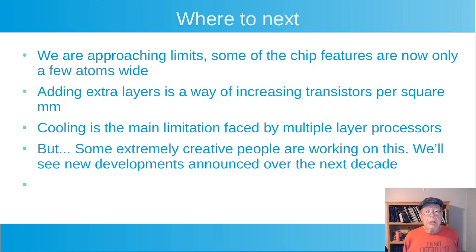Every layer adds more heat. Heat is the enemy of efficiency because it increases resistance in the circuits, which adds more heat, and you can soon end up in meltdown mode. So, there are a lot of difficult things to solve here, but there are some extremely creative people working on this, and we're going to have to see how things develop over the next decade.